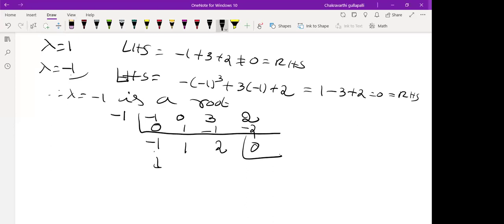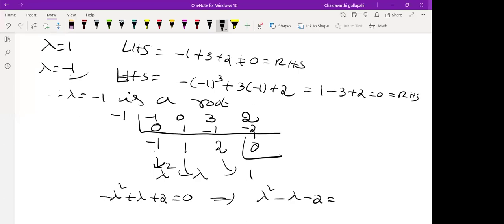So you are dividing the cubic equation by a first degree factor, so you'll get a quadratic equation, one degree less. So this is the lambda square coefficient: minus lambda square plus lambda plus 2 equals 0. Now you can either factorize it or apply the quadratic formula. Any one of the methods, the option is yours.